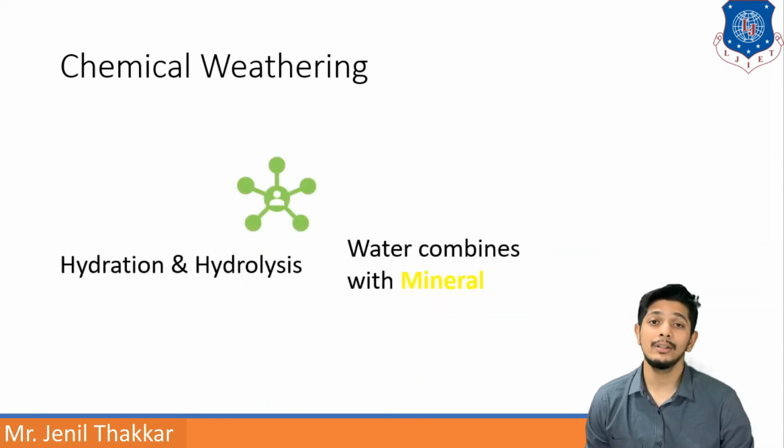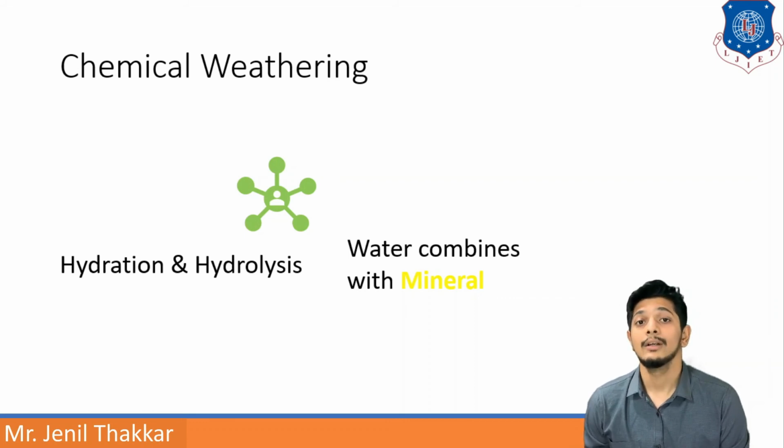Now hydration and hydrolysis processes take place in chemical weathering. Now hydration and hydrolysis are simple processes. In hydration and hydrolysis, the minerals of rock are combined with water and the chemical process happens, that is hydration and hydrolysis.